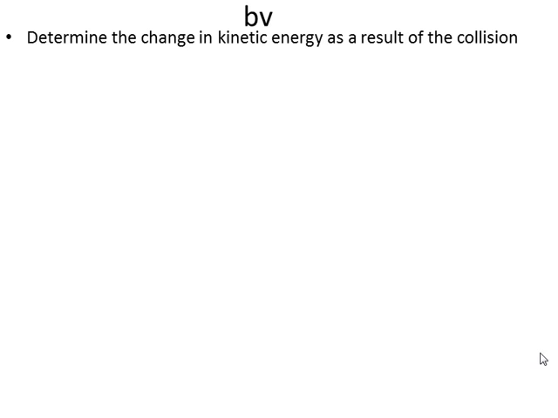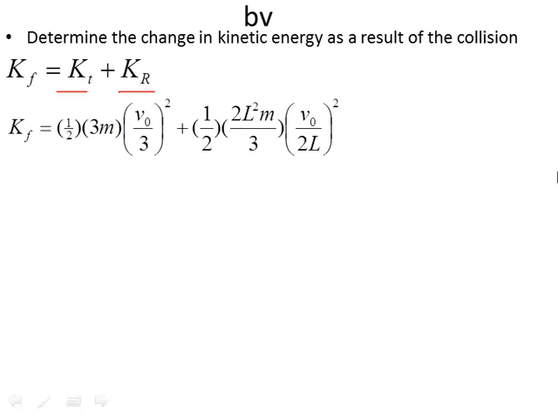The last part of this question asks us to determine the change in kinetic energy as a result of the collision. So we want to find the final kinetic energy, and that's a little bit trickier than before because it'll have translational kinetic energy and rotational kinetic energy. The translational kinetic energy will just be how fast its center of mass is moving.